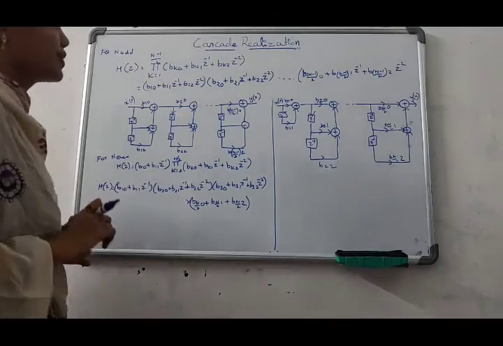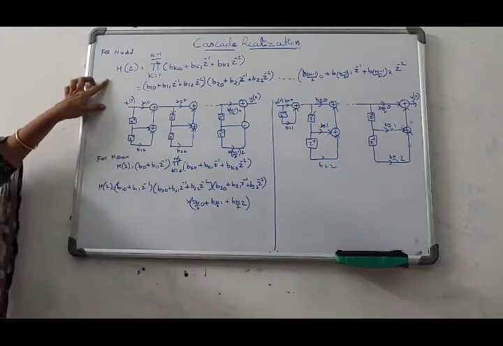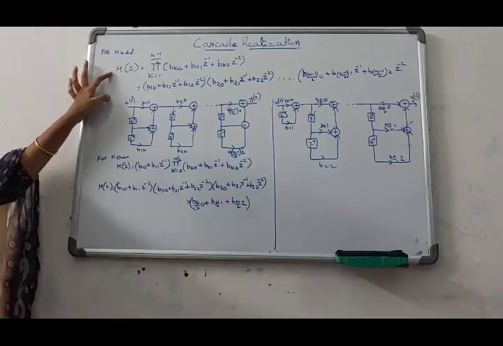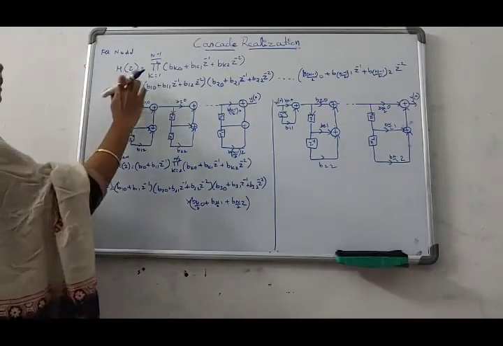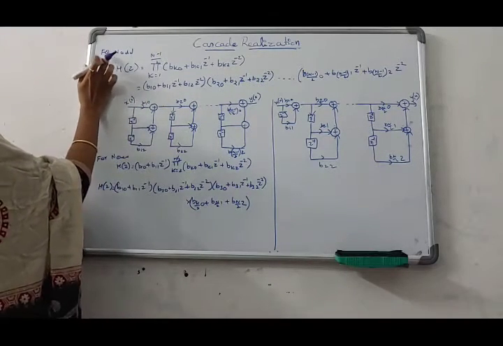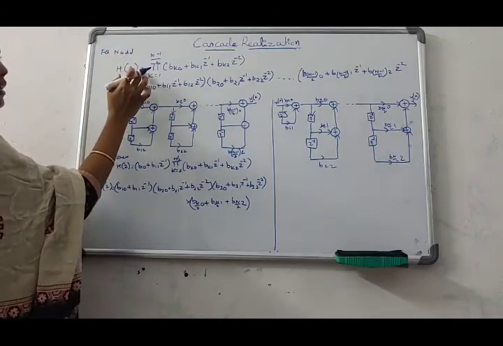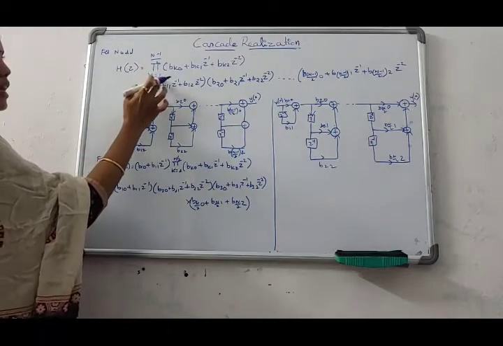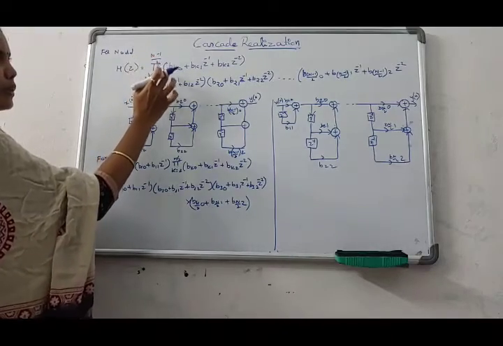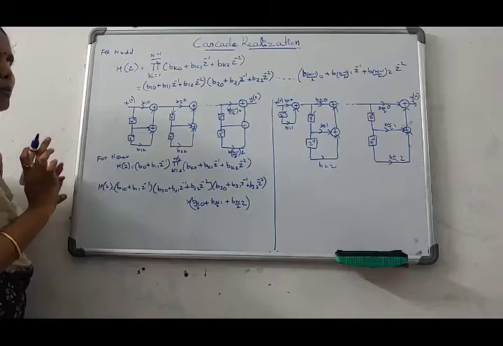Now the second realization is the cascade realization. This is the cascade form using a factored form, that is, H of z is equal to, for N odd, the product for k equals 1 to (N minus 1) by 2 of b k0 plus b k1 z inverse plus b k2 z power minus 2.